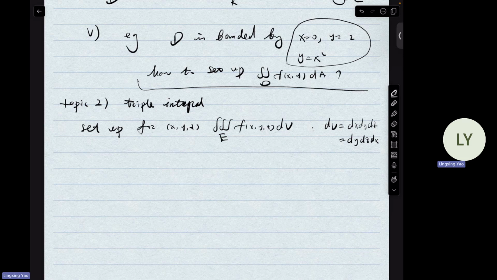So key is project E onto axis plane. The key.